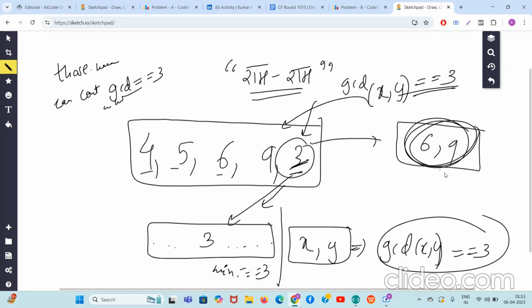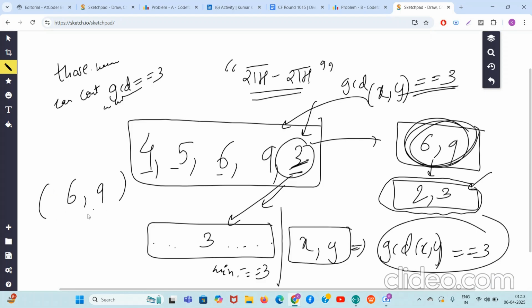Now we will actually divide these numbers by 3. So what will happen if you divide them by 3? 3 ones are 3, 3 twos are 6 and 3 threes are 9. Now guys, can you see this thing? What is 6 comma 9?